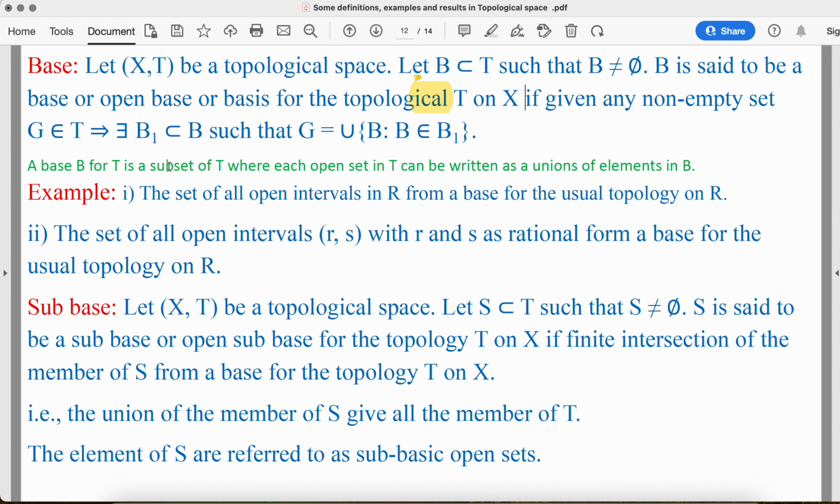It means a base B for T is a subset of T where each open set can be written as union of elements in B.